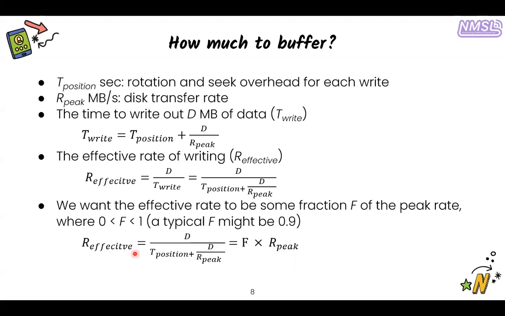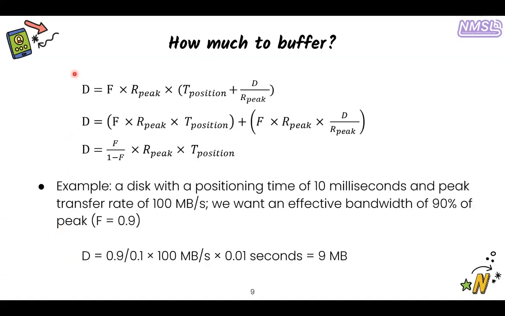So here, R effective is basically the same as F times R sub peak. Continuing on, easy math, right? The bottom line in the end, we're going to get D equals F divided by 1 minus F times R sub peak times positional delay.